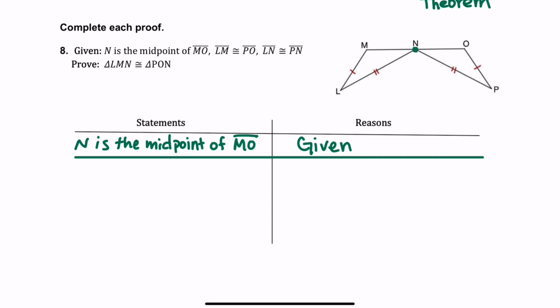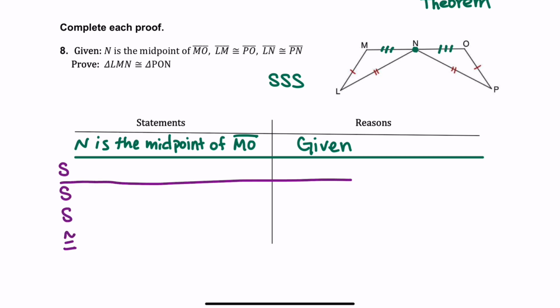N is, if it's right in the middle, then MN has to be congruent to NO, or ON. Now, if I look at this triangle, I have three sides that are the same. So I'm going to use side, side, side to prove these triangles are the same. Now this is a little hint that helps me. If I write down side, side, side, and then I'm going to write the congruent statement here.